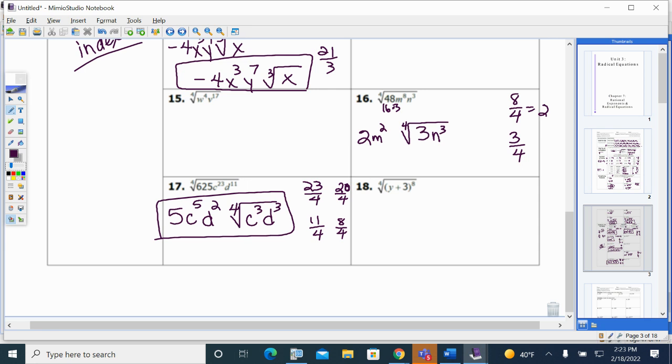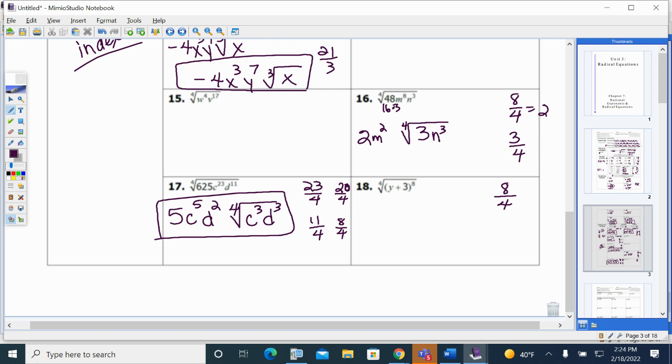I do want to quickly talk about 18. It looks complicated, but it is not. If you think of your y plus 3 as a single entity, the y plus 3 is being raised to the 8th power. So how many times will 4 divide into 8 evenly? Well, that'll be 2.